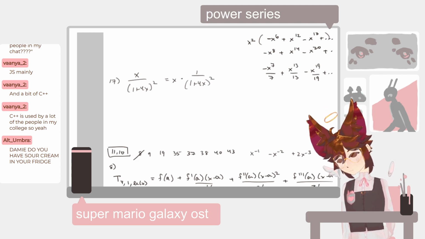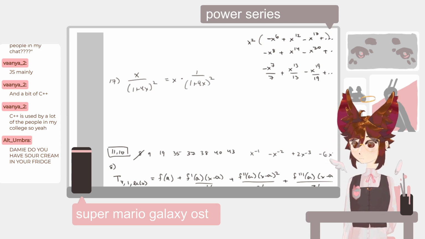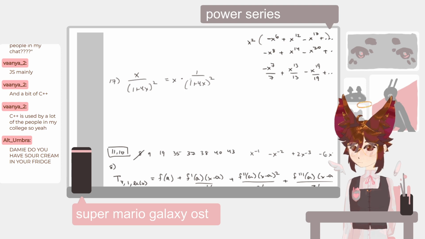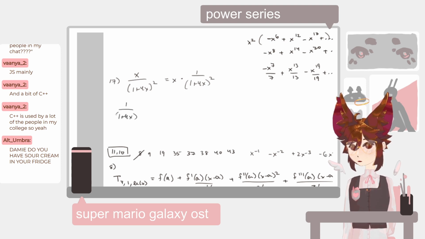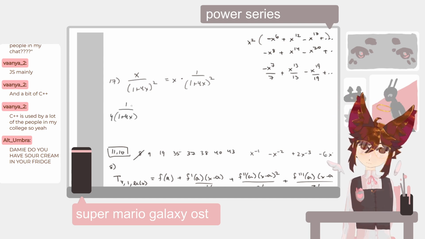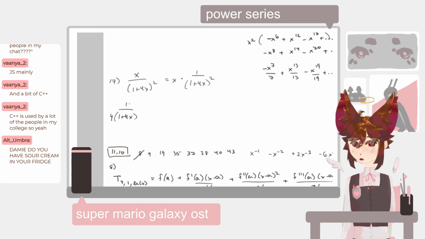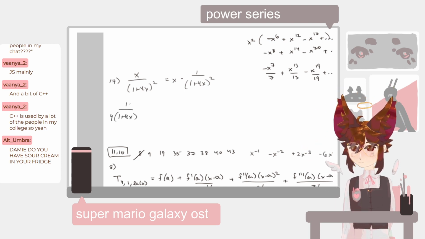Then, if I were to integrate just this part, that would be 1 over 1 plus 4x times 4. Does that help us at all? I don't think so. I don't think that does.